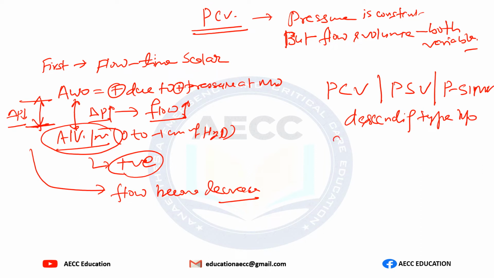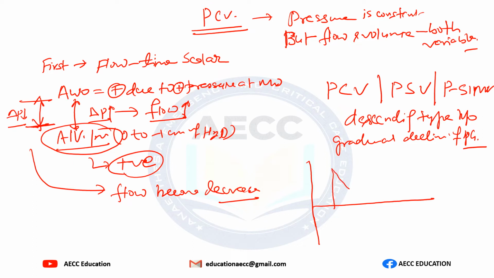Because of gradual decline of pressure gradient, in this mode the flow time scalar looks like this.